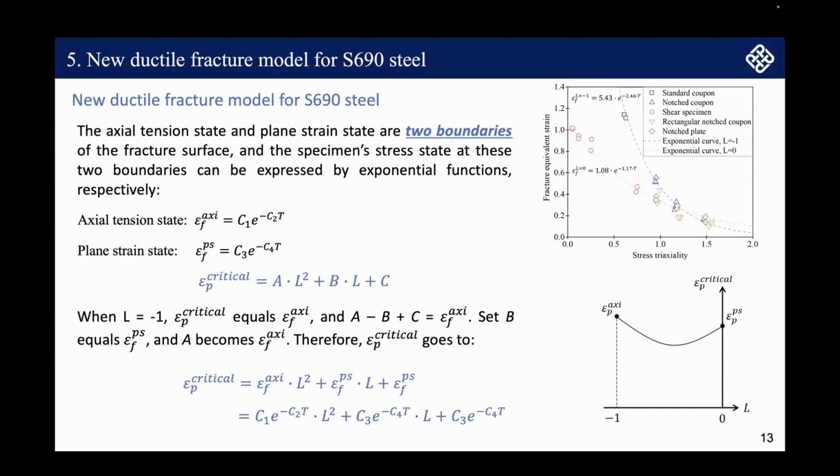So the expression of the fracture model can be written like this, where A, B, and C are the combination of the two boundaries. When L equals 0, the fracture surface degrades to the plane strain state. So based on the two known points here, we can calibrate the fracture model, and the final expression is like this.